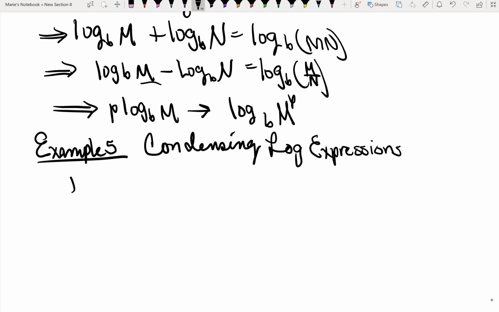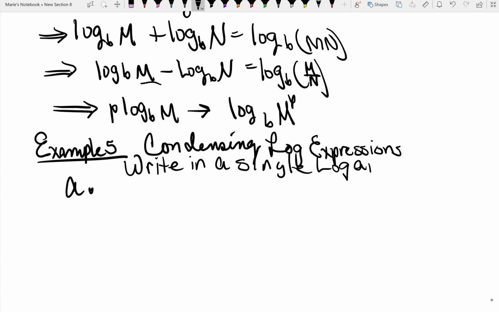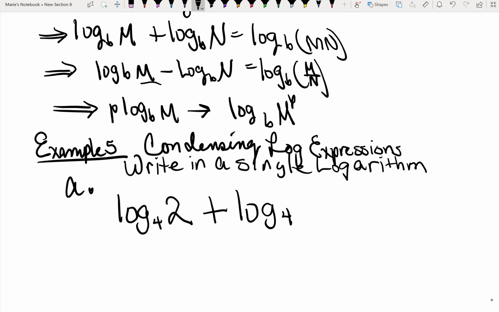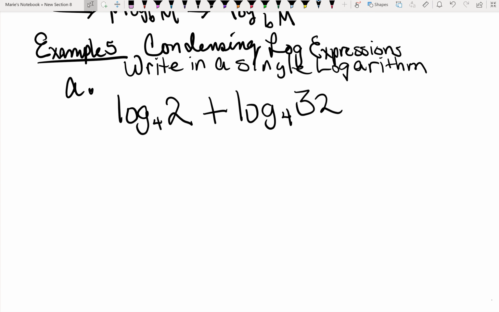All right, so we start with A. If it says write in a single logarithm, that's what they'll tell you. Okay, and so they start you with example A, where they say log base 4 of 2 plus log base 4 of 32. And so this is where we begin.